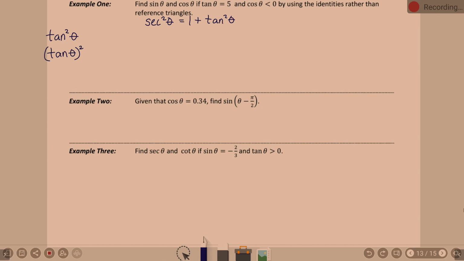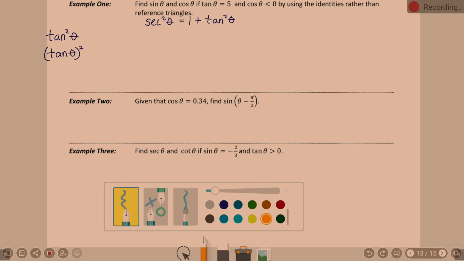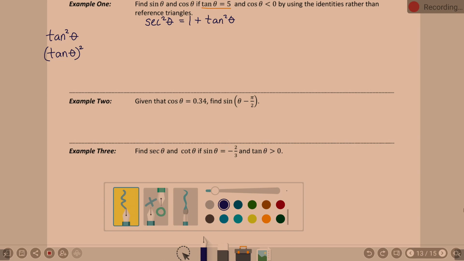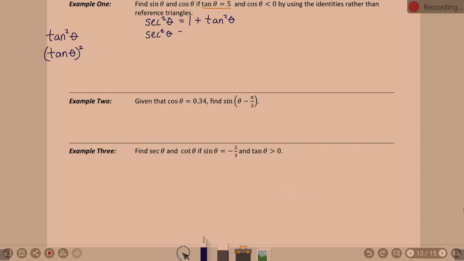Okay, so we know that tangent is equal to 5. That means I'm going to plug in 5 for the value of tangent. So I'm going to rewrite this: secant squared theta equals 1 plus, now if it's tangent squared theta, that means we're going to put 5 in for tangent and square it. Can you do a little cleanup there?